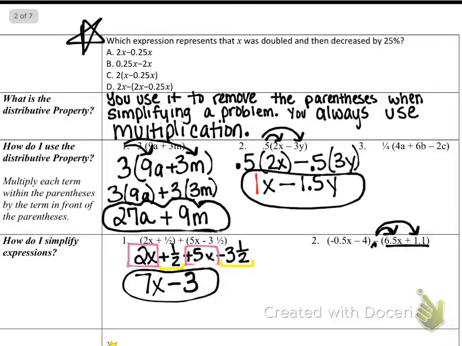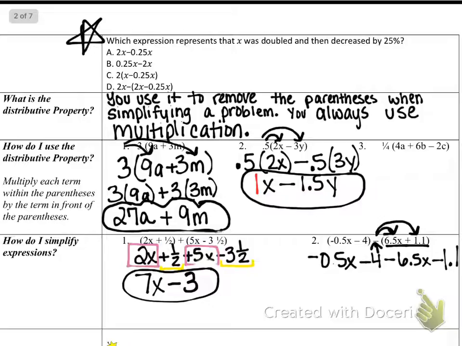They change because of this subtraction sign right there. So this becomes negative 0.5x minus 4 minus 6.5x minus 1.1.